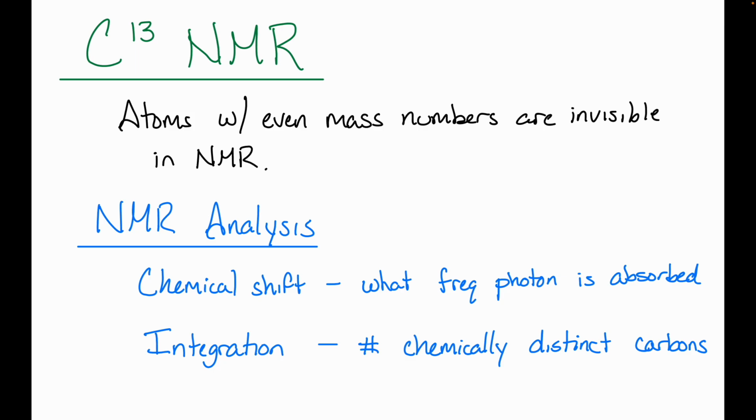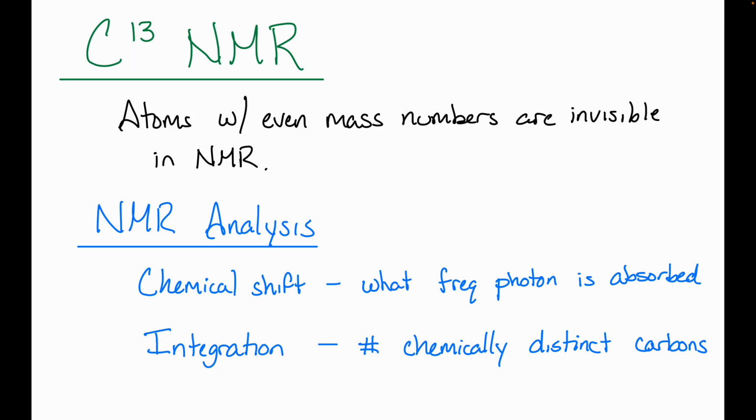So what do I mean by chemically distinct carbons? Well, if every carbon atom in your molecule absorbed in the exact same place in the electromagnetic spectrum, that wouldn't be very useful, right? Every single molecule would give you a spectrum with just one peak. So it turns out that where a molecule absorbs on the spectrum is super sensitive to what's going on around it. Who's bonded to who?